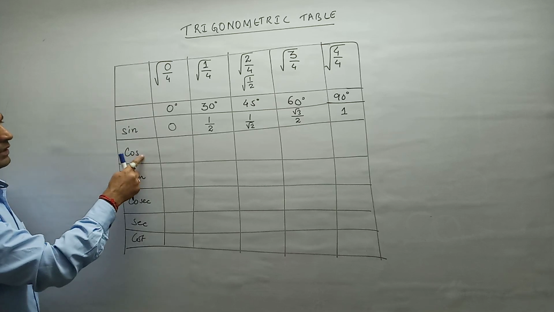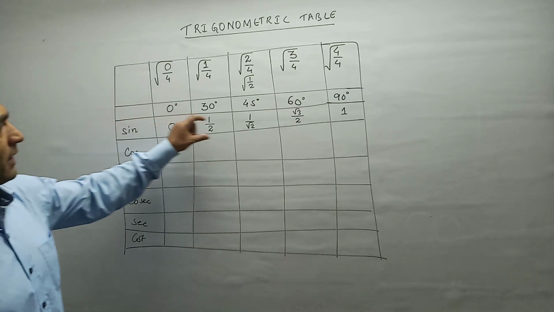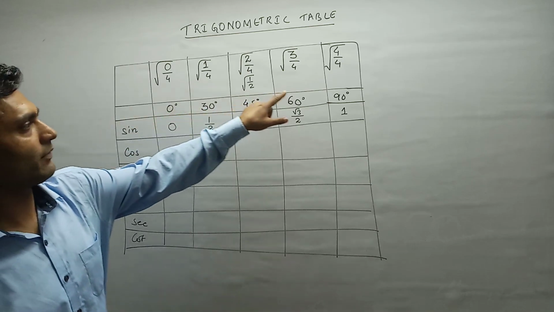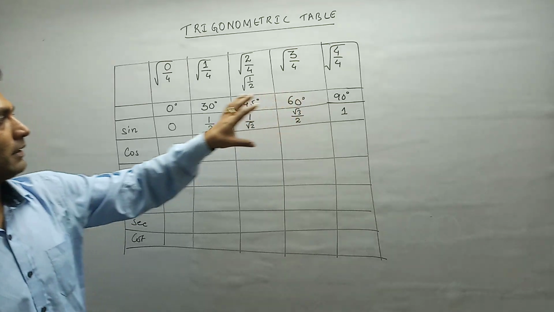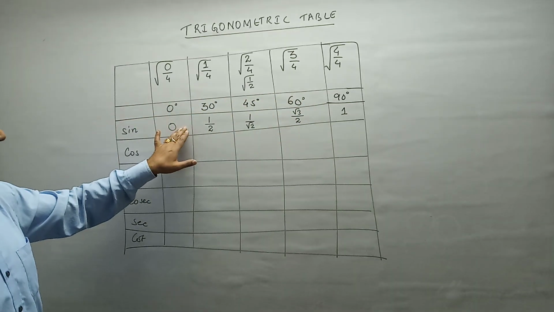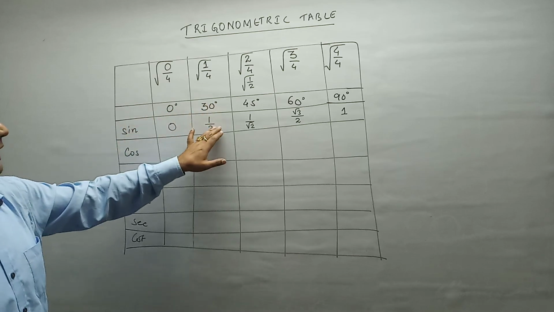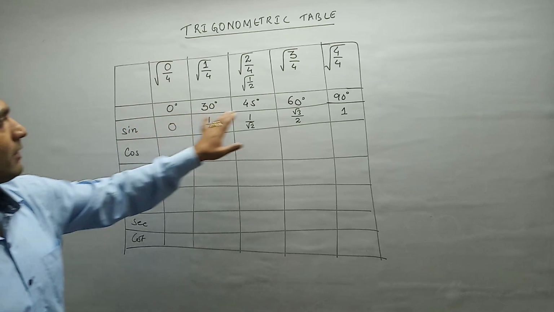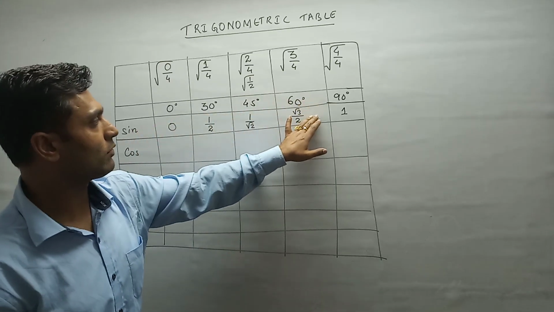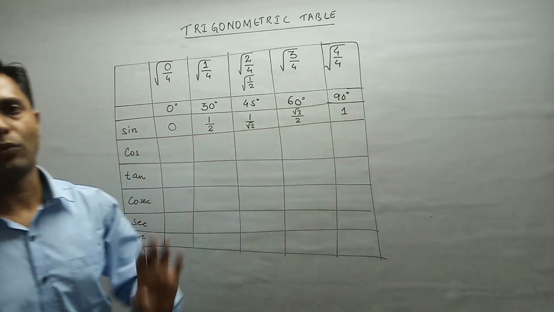Now the next is finding the values of cosine. We very easily get to know all the values for 0, 30, 45, 60 and 90 degree. The values for sine are: sine 0 degrees is 0, sine 30 degrees is half, sine 45 degrees is 1 by root 2, sine 60 degrees is root 3 by 2 and sine 90 degrees is 1.